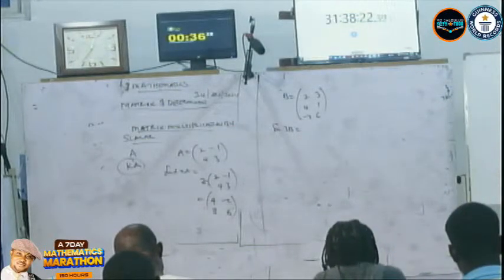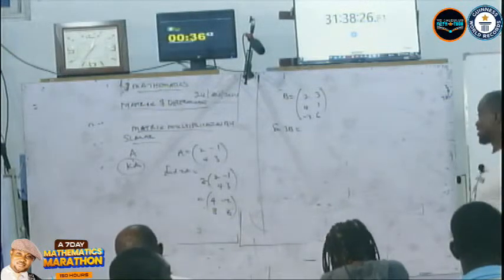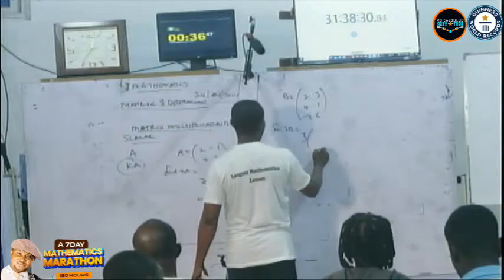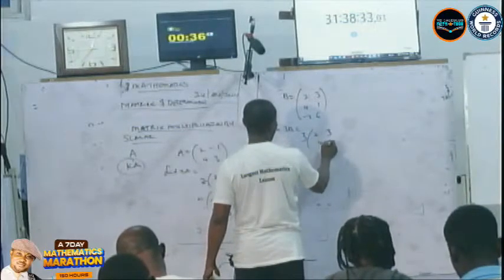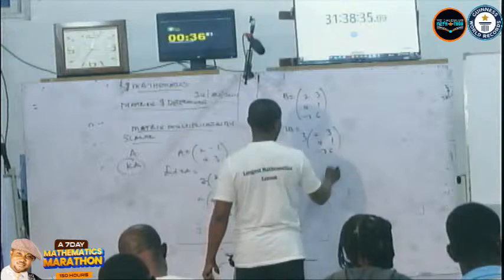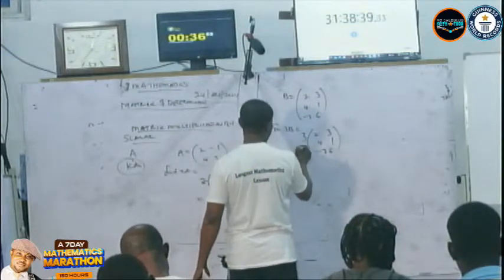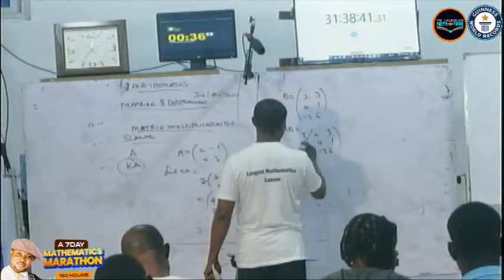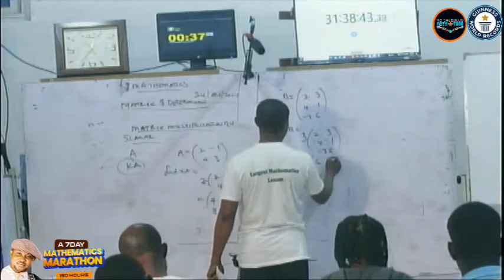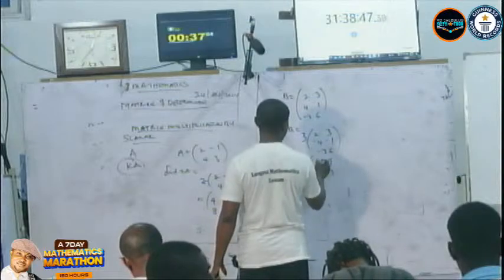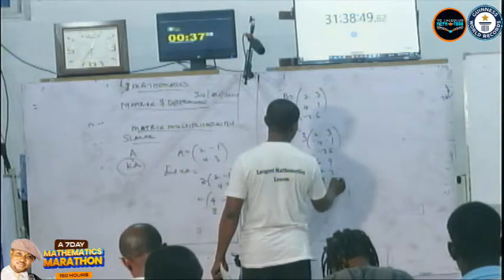If you say find 3B, the scalar multiplication is 3B. So you say 3 into B, 2, 3, 4, 1, minus 3, and 6. You now multiply, that will be equal to 6, 9, 12, 3, minus 9, and 18.